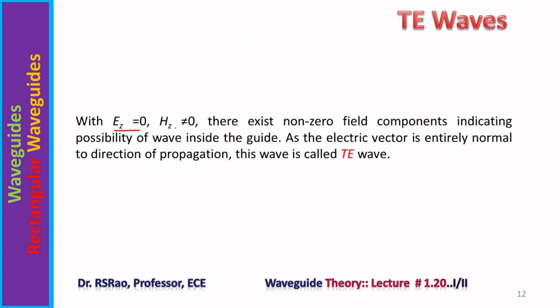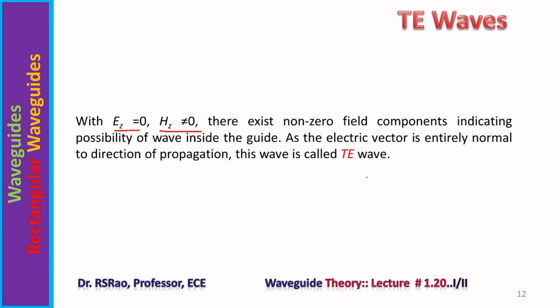When Ez = 0 and Hz is not equal to 0, in this case also there is a possibility for the existence of a wave, because certain components out of Ex, Ey, Hx, Hy are non-zero. Of course, Hz is not 0, and some transverse components are also not 0. Therefore, a field is there and the wave exists.